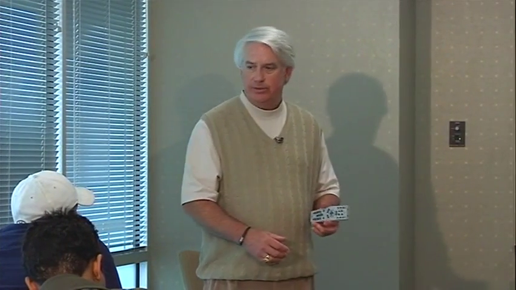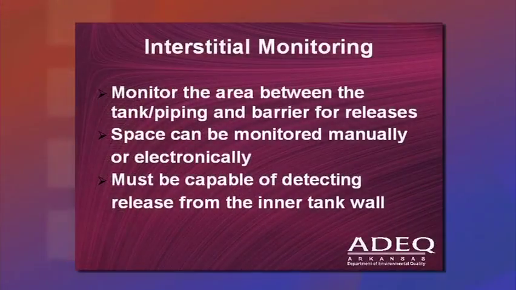So for the interstitial monitoring portion of this, and this is another one of these forms where we're not using a form of inventory control, we're trying to find released product in this space. So you have to monitor the area between the tank and the piping and that secondary barrier for releases.